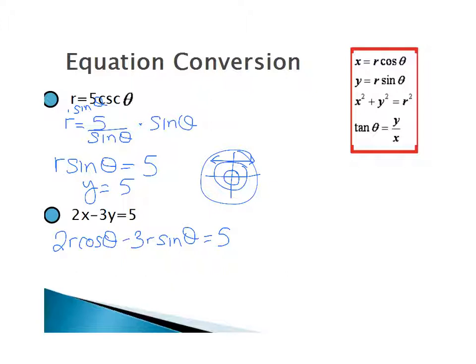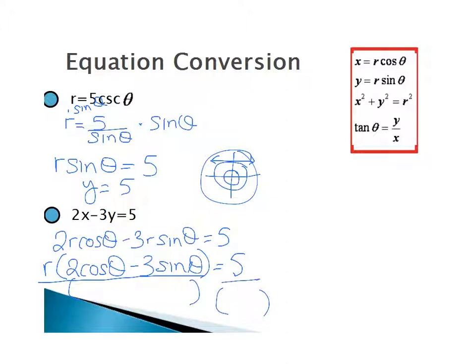What I'm going to do is factor the r out. And then I'd have r times 2 cosine theta minus 3 sine theta equals 5. And to get the r by itself, I'm going to divide by that big mess. My final answer is going to be r equals 5 over 2 cosine theta minus 3 sine theta.